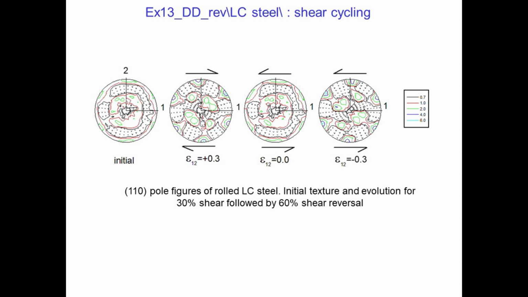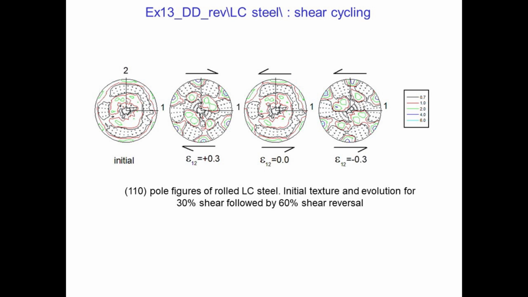If you only had one mode of deformation and you plotted the 111 poles, the 100 poles would be similar to the 111 poles. Usually that's what happens because the Burgers vector and the normal to the slip systems are reversed when you go from FCC to BCC. There's a symmetry when you deform them, so when you plot 111 poles for FCC, you get the same texture as when you plot 110 poles for BCC.